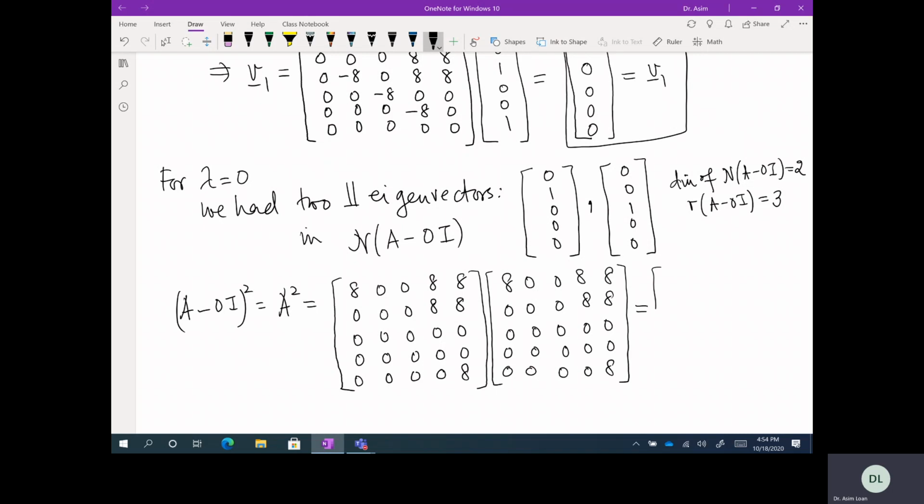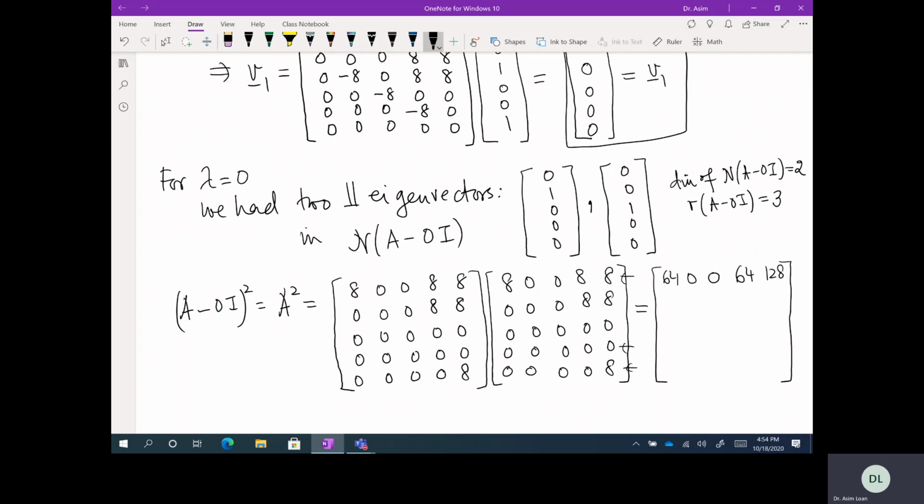And what is this equal to? Again, I am looking at the first row and the last two rows. The first row and the last two rows are all multiplied by 8. So 64 here, no contribution here, no contribution here, 64 here, and this is 64 and 64, 128 here.